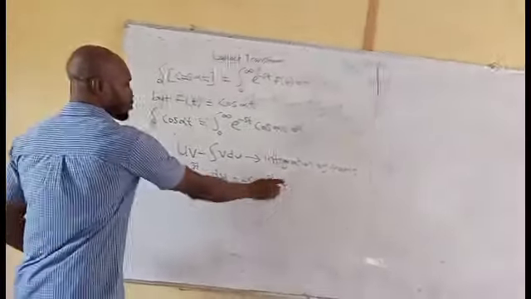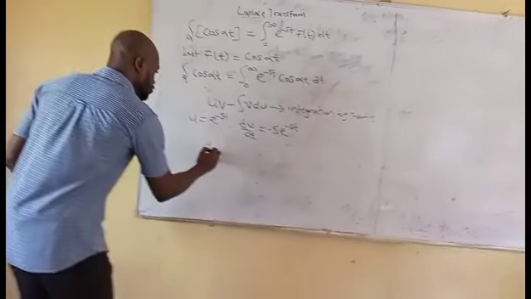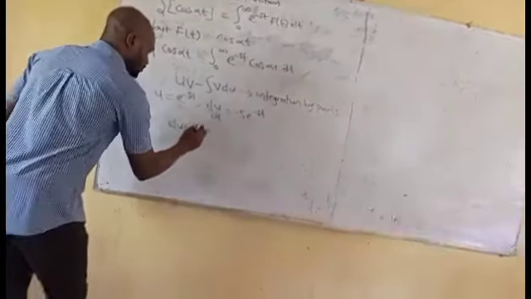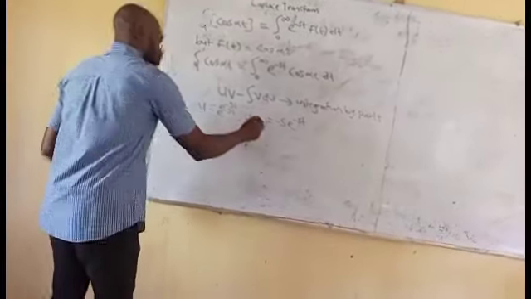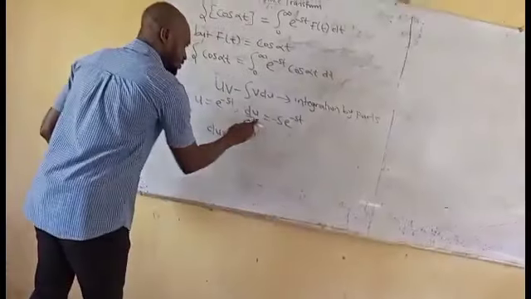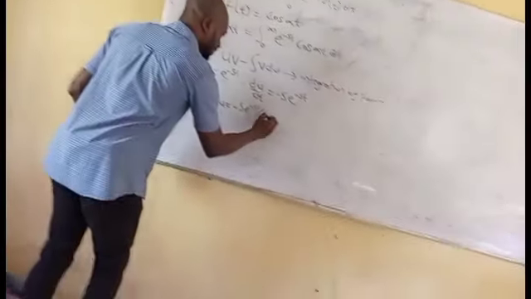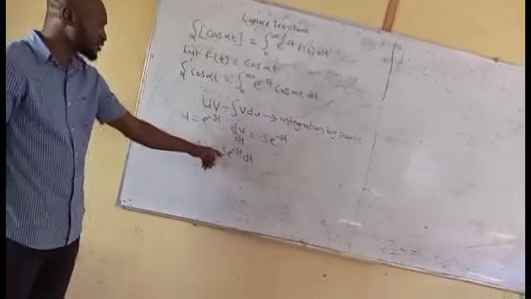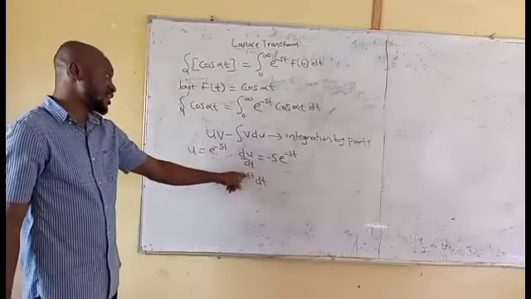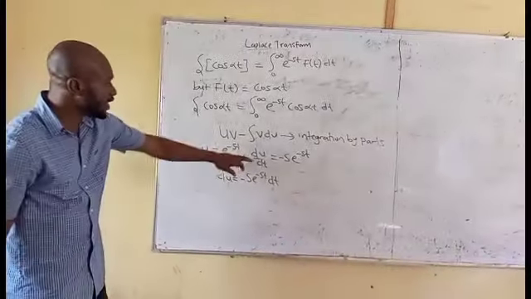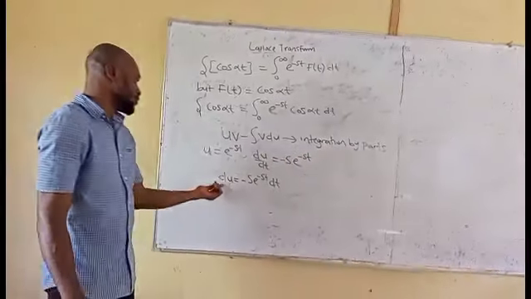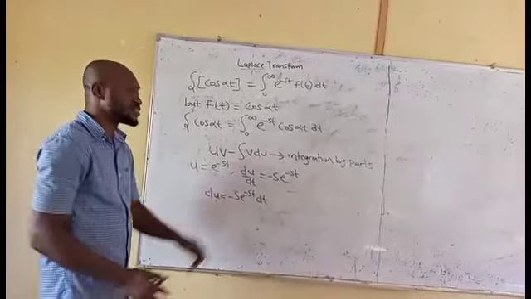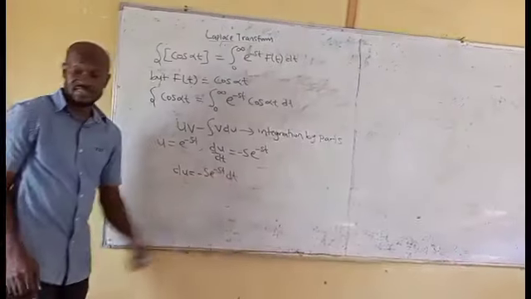So if the dt crosses over, you have du equal to minus s times the exponential of minus st times dt.